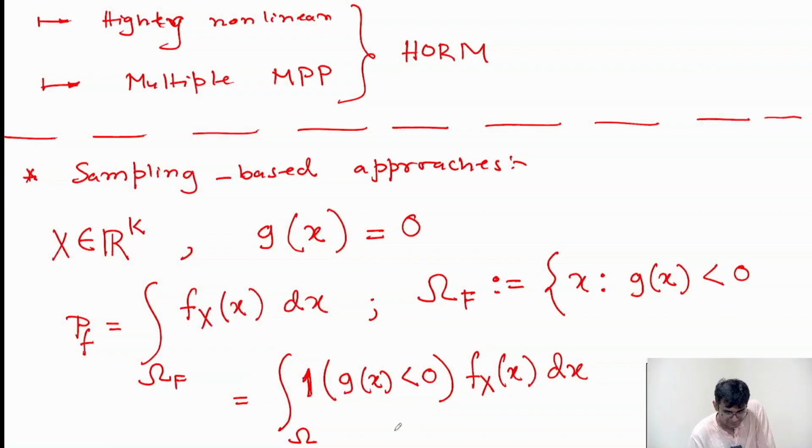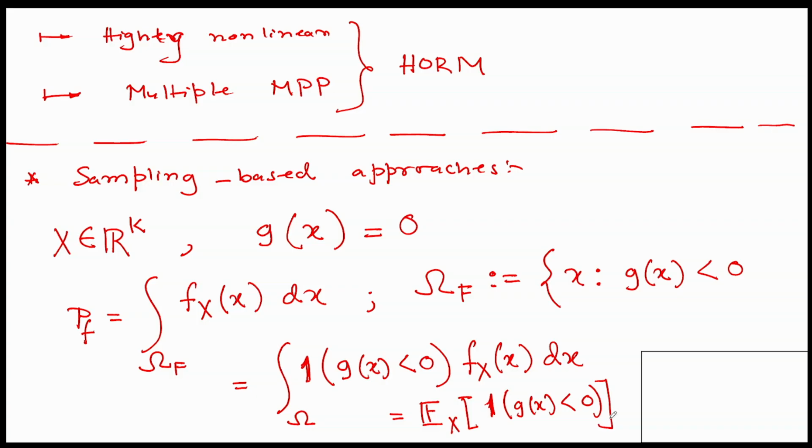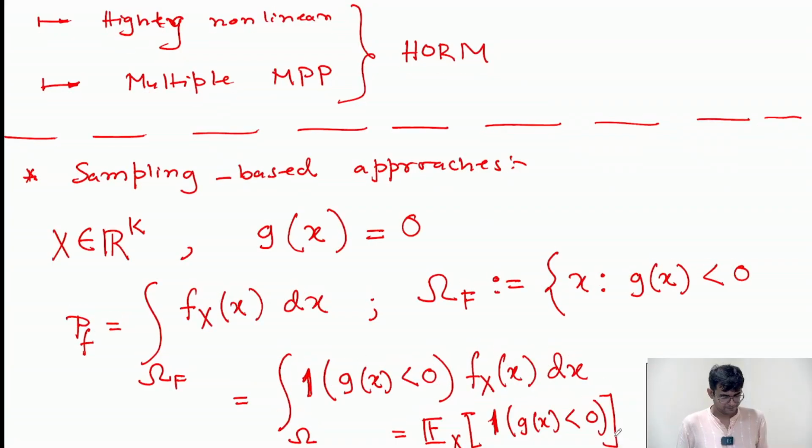So this is equal to the expectation of the indicator of g(x) less than 0. You agree? Now, this integration you are not going to solve.